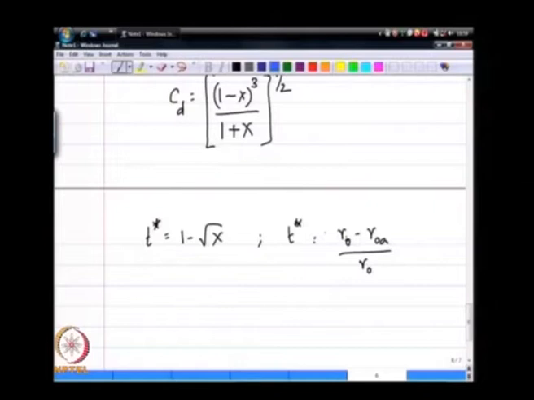Once I know a value of x, I know the non-dimensional film thickness coming out of the nozzle. Now, why is the non-dimensional film thickness important? Because that has a bearing on the drop size. So, if I know delta p, q and a 0, I have a way of estimating what the drop size would be.